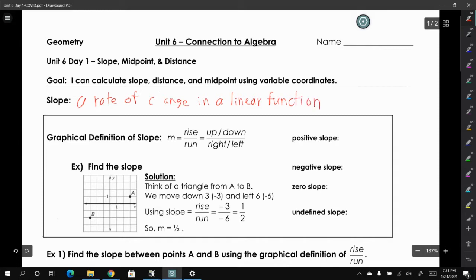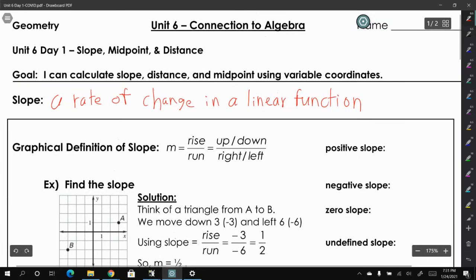So if we have a line and we want to know how much that line is changing, or at what rate it increases or decreases, that is your slope. So anytime you see the word slope, you need to think rate of change. Anytime you see the phrase rate of change, you need to think slope.